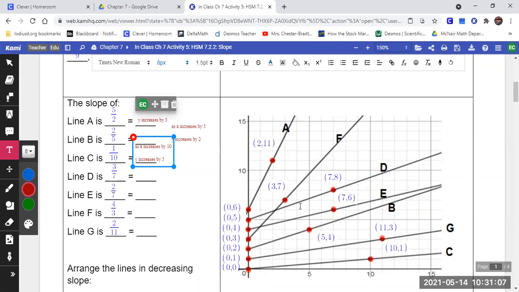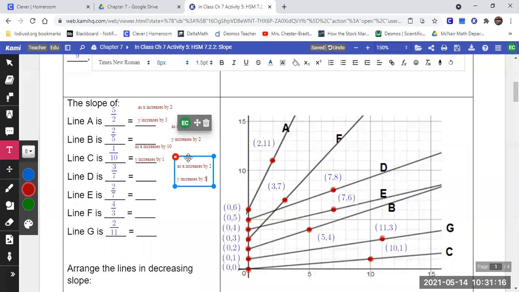X increases by 10, Y increases by 1. Keep going. Somebody else get me D. What are we gonna say? X increases by 7, Y increases by 3.